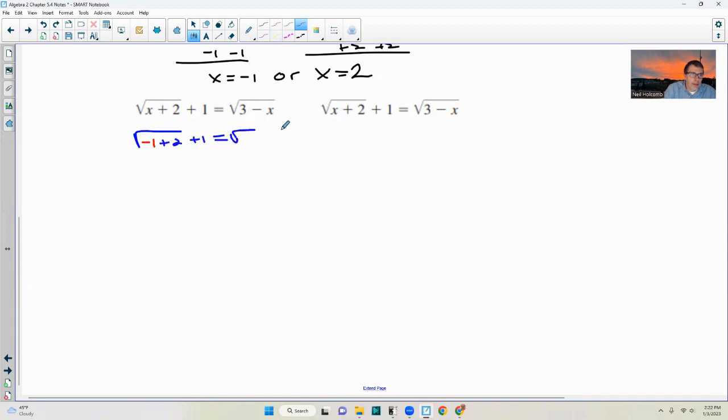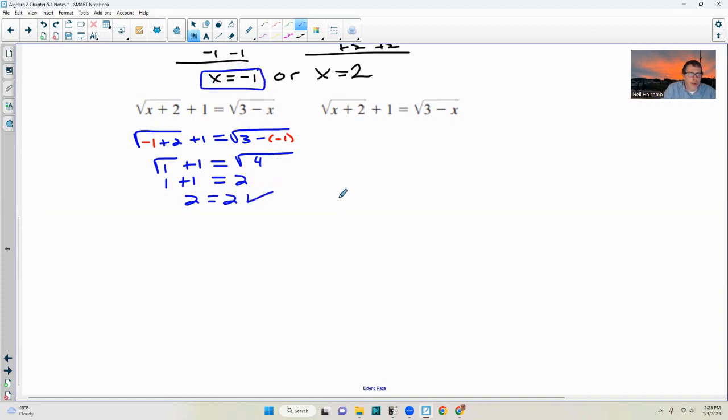And that has to equal the square root of 3 minus negative 1. Okay, so negative 1 plus 2 is 1. And 3 minus a negative 1 is 3 plus 1, which is 4. So the square root of 1 is 1 plus 1 equals the square root of 4, which is 2. 2 equals 2. That checks. x equals negative 1 is a solution.